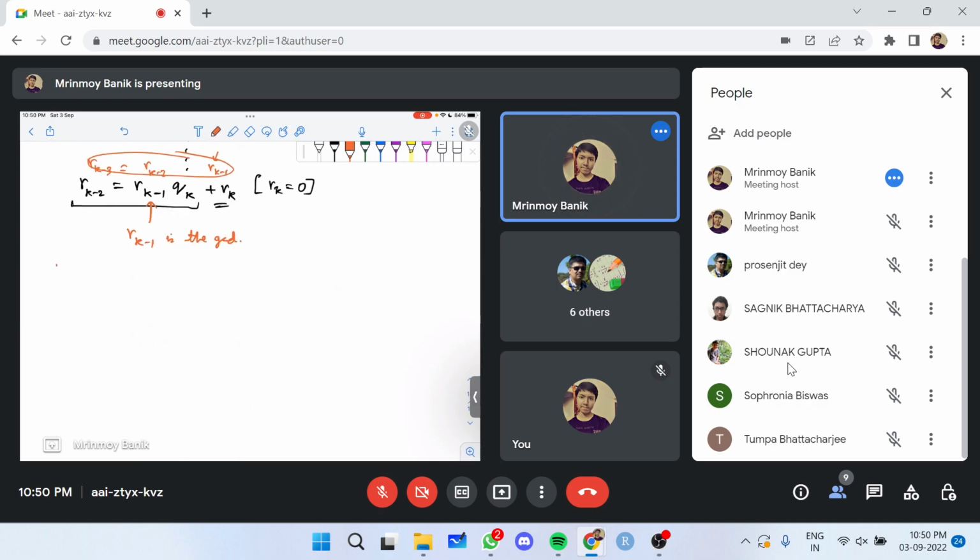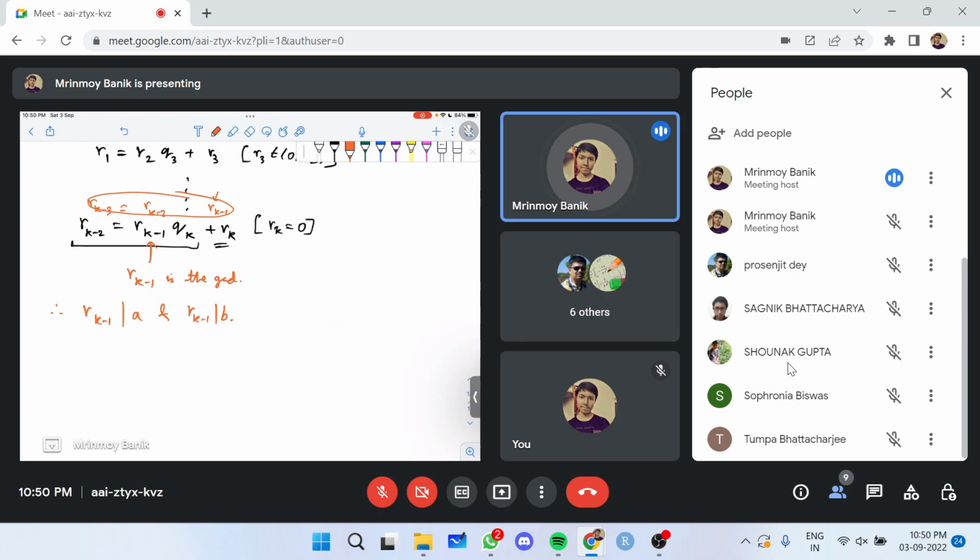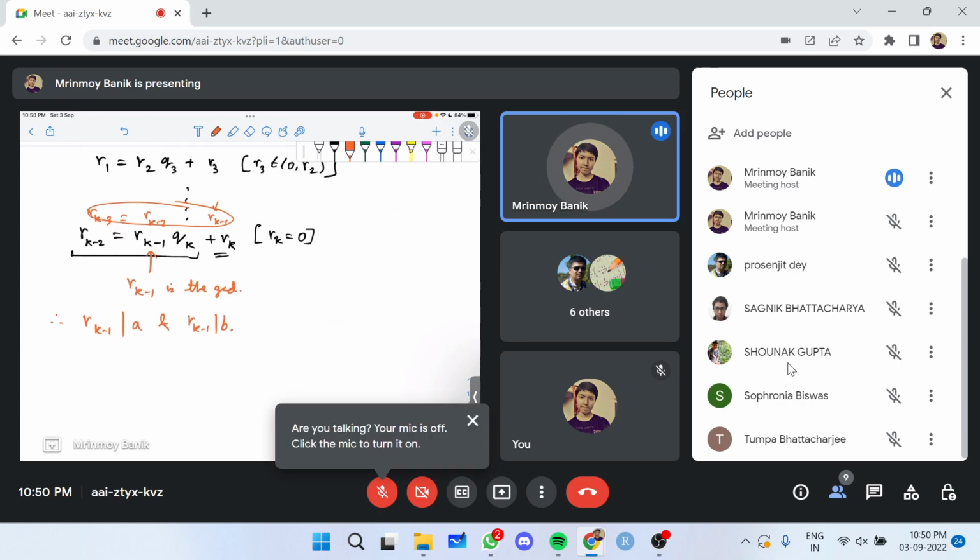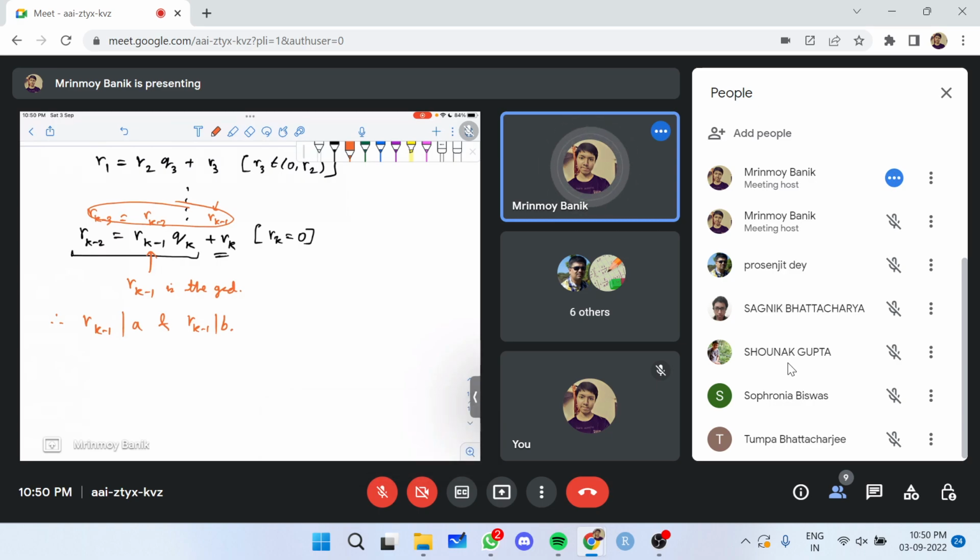So Rk minus 1 divides A and Rk minus 1 divides B. And since any of the previous R's, like R1 up till Rk minus 2, didn't have this property, Rk minus 1 is the largest. These R's are all strictly in descending order, right?